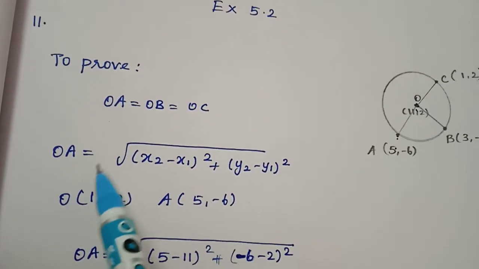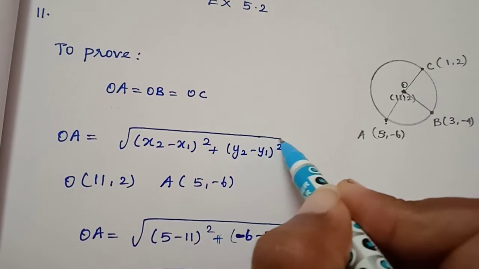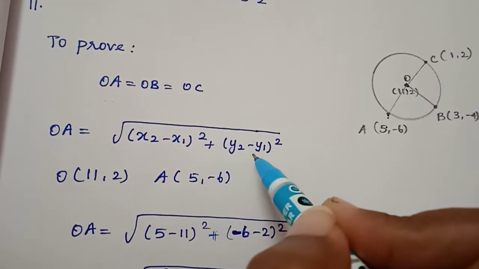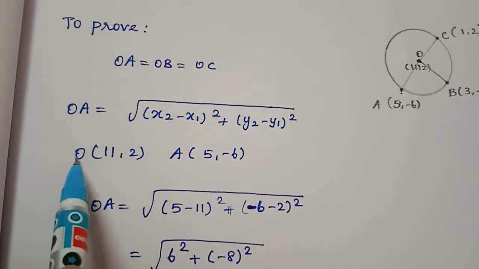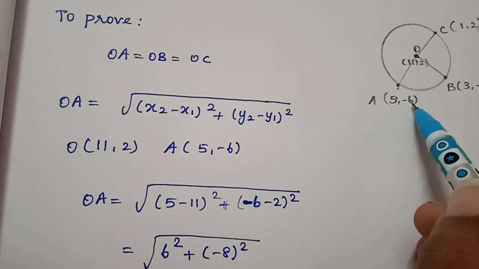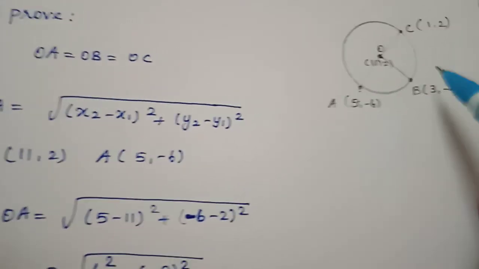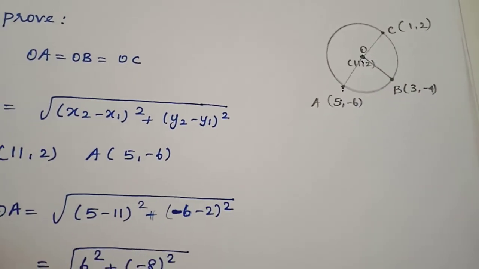First we will find OA. We know the distance formula: square root of (x2 minus x1) the whole square plus (y2 minus y1) the whole square. We will take the points: O is (11, 2), and A I have taken as (5, -6). You can even take these as A, B, C in any order, it is your choice.